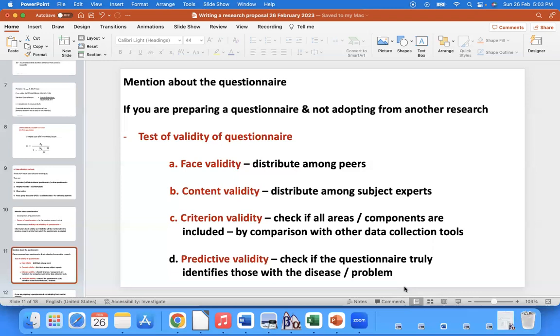Predictive validity means if the questionnaire is really good, it will be able to predict what may happen in the future. Understood? If the predictive validity of a questionnaire is poor, it means that in future nobody who was predicted as depressed today will develop depression. Understood? Got that point?